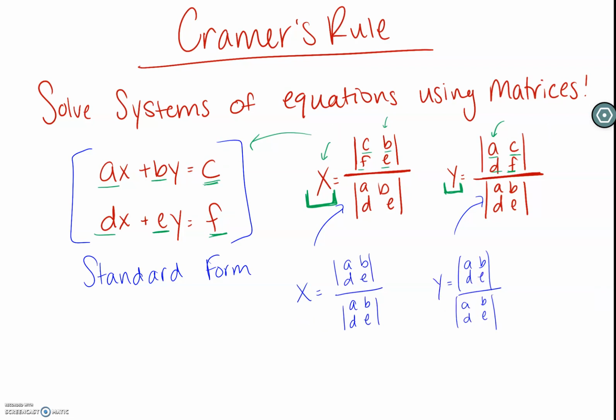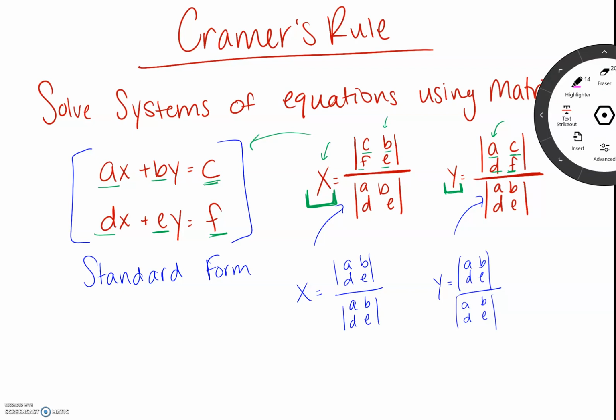If we write them all the exact same way to start, you know, A, B, D, E, then we can go through and just replace the values that we need to replace. So what that looks like is when we are finding the x value, we already have this variable over here, so we don't need the coefficients on x. So A and D are going to be replaced. And we are going to replace them with C, or sorry, not C and D, C and F from here.